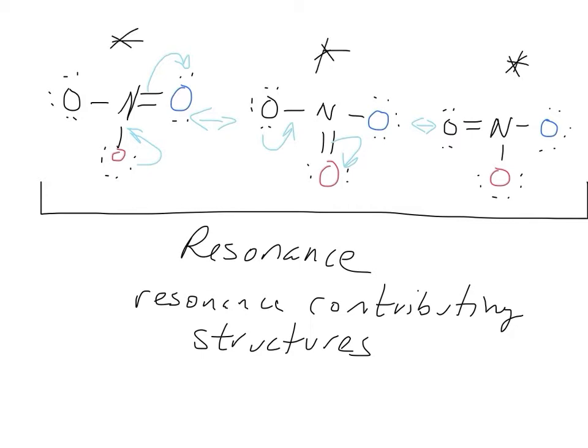Now, these are simply representations. None of these is real. It's not like the electrons are sitting there hopping around. Because you have this delocalization of electrons, you've basically opened up the region of space where the electron is found. Okay? So it's not any one of them, yet it's all of them.